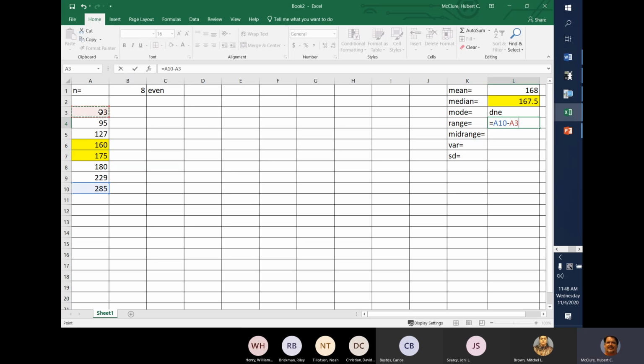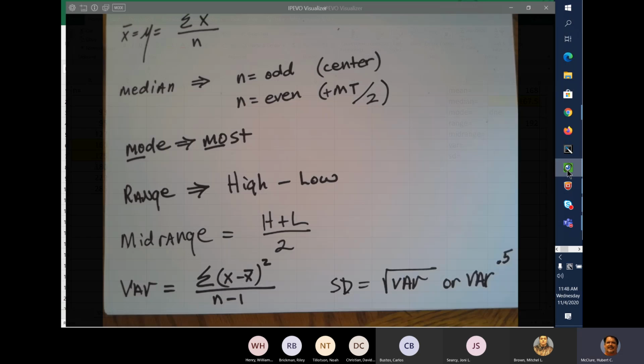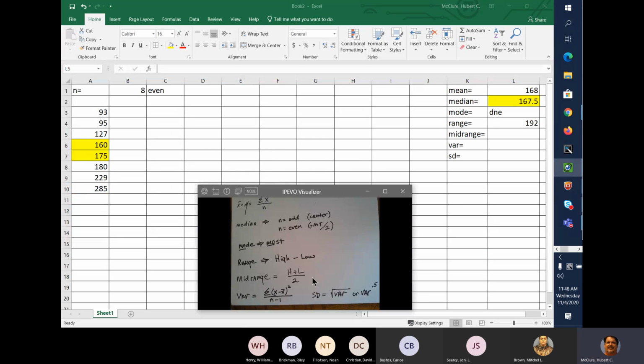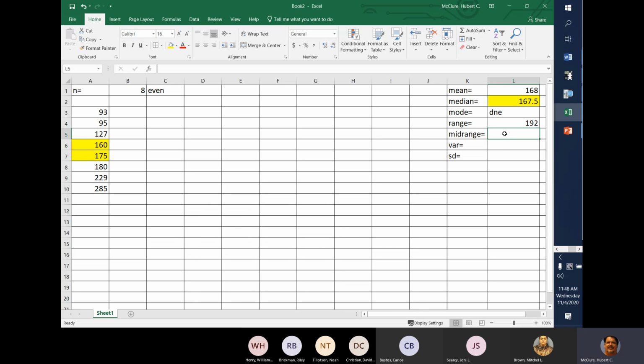Okay? Range, that's equal to the highest minus the what? Minus the lowest. Highest minus the lowest. Mid-range.